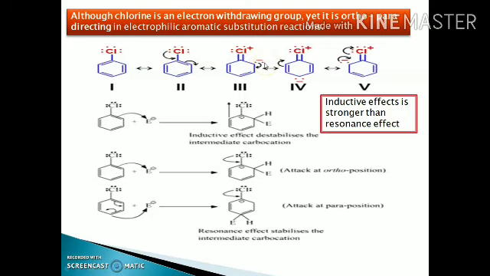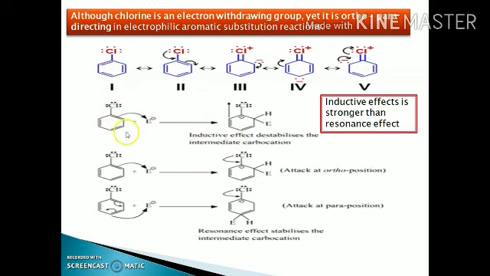In an electrophilic substitution reaction, the formation of a carbocation is involved in the rate determining step, and the carbocation is destabilized by chlorine through the negative inductive effect, as shown in this figure.